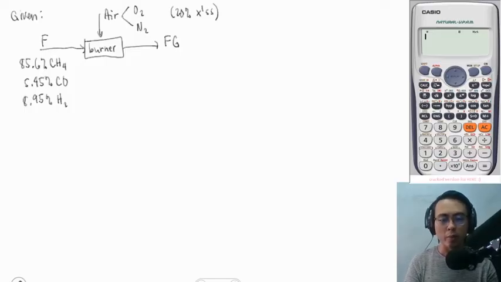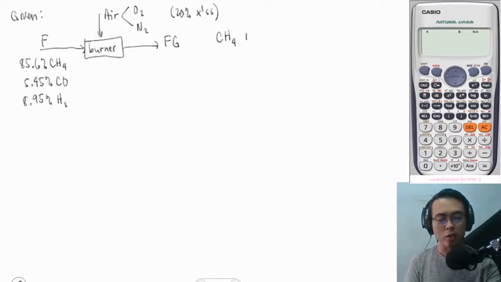Now, the first step when you encounter these types of problems is, what do you expect to be the contents of your flue gas? The contents of your flue gas would be largely determined by the contents of your fuel. You simply need to write the basic combustion reactions for every component of your fuel that can be combusted. So let's start with the methane. CH4 can be combusted.